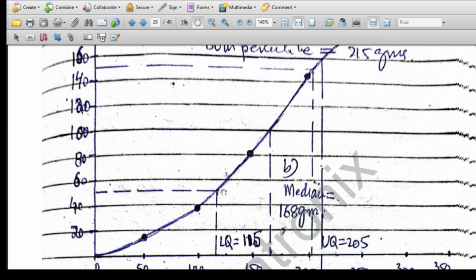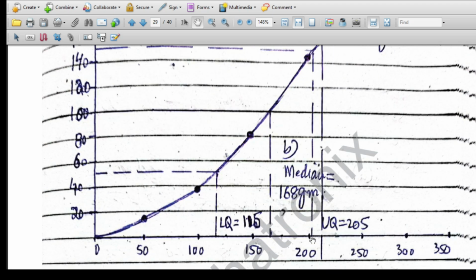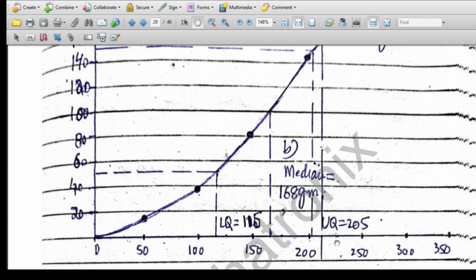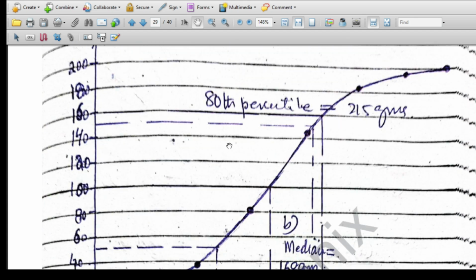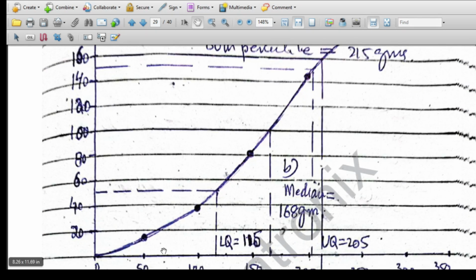At 50%, the frequency is 100, and 25% of the 200 frequency is 50, and the upper quartile frequency is 150, and the corresponding mass of the potato is given. The 80th percentile mass of the potato is given as 215 grams. So this is all from this cumulative frequency diagram.